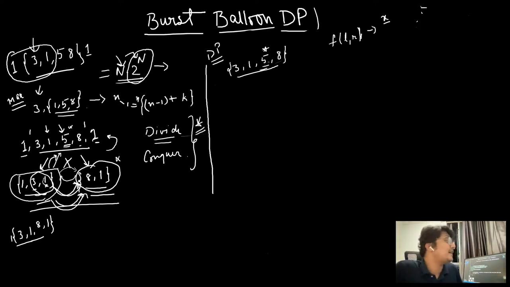And if you see that in the first iteration itself of the problem, we have 4 possibilities, which is 3, 1, 5, or 8. So we can pick any number with equal probability, and we don't know which one is going to yield the best result. So what we are going to do here is pick all of them one by one.